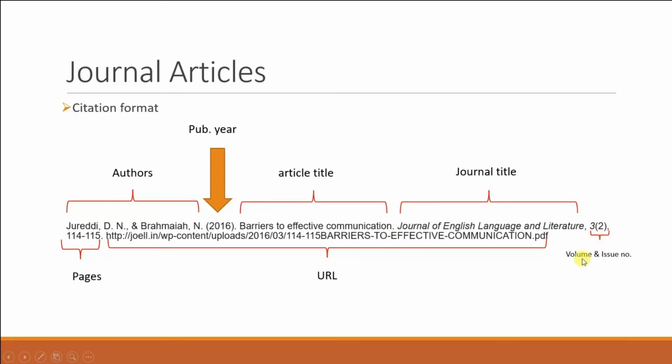What follows next is the volume and issue number. The first number is the volume number, which is italicized. Then the issue number is in brackets. After that, we have the page numbers. This article has pages between 114 and 115. The last part of this reference is the URL.